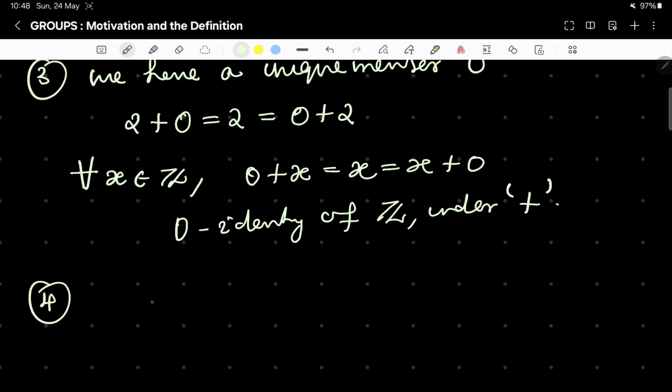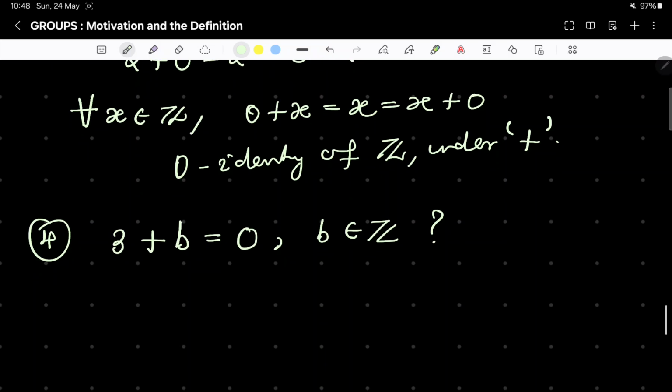Fourth one is, once your identity is established, if you take 3, is there any element you can add that gets you the identity? Is there a b inside integers? If you solve this, you will get b equal to minus 3.